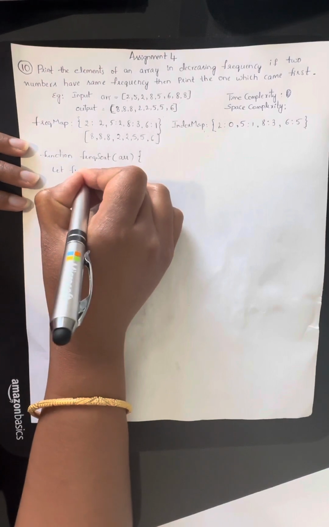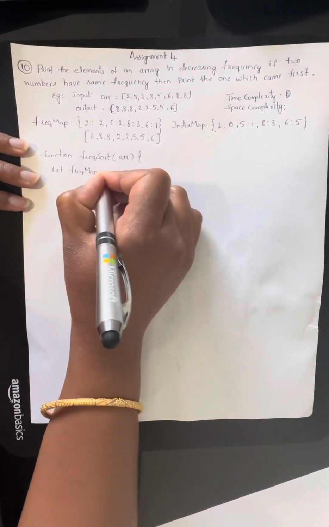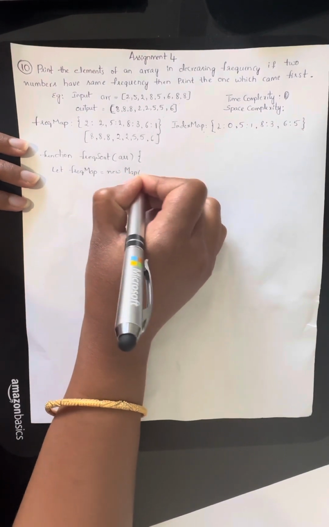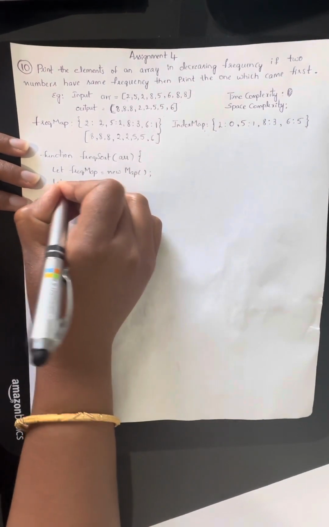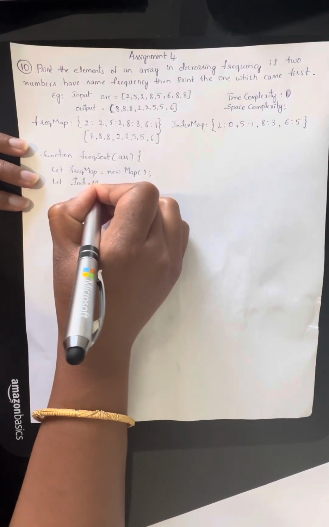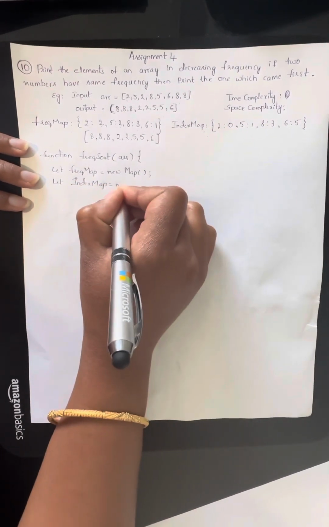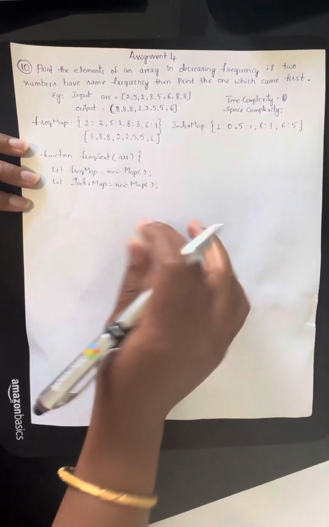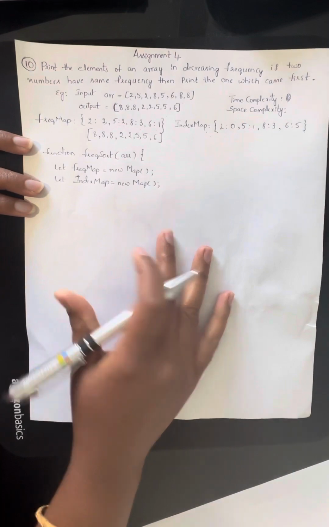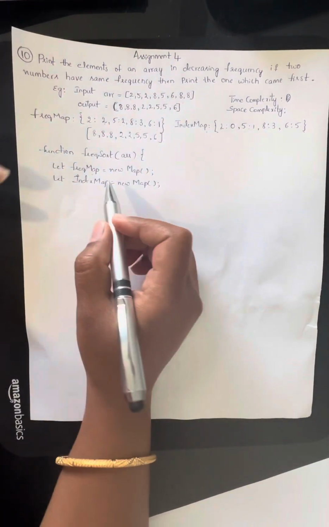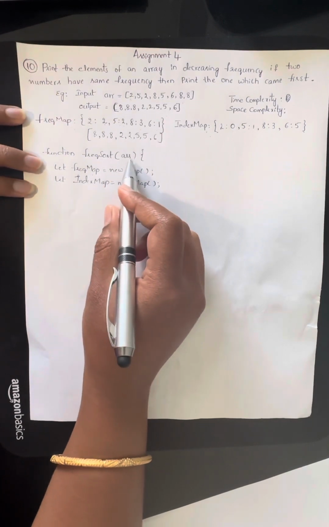I'm going to declare two maps: one is frequencyMap and the next one is indexMap. To build the maps, we need to iterate through the given array.